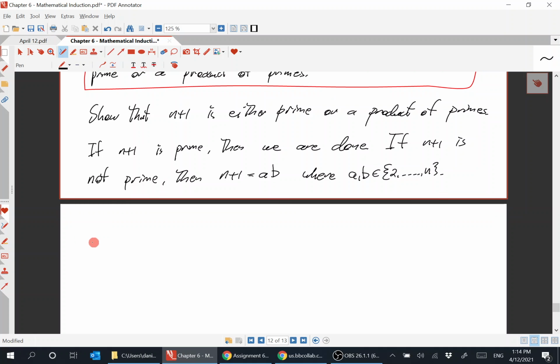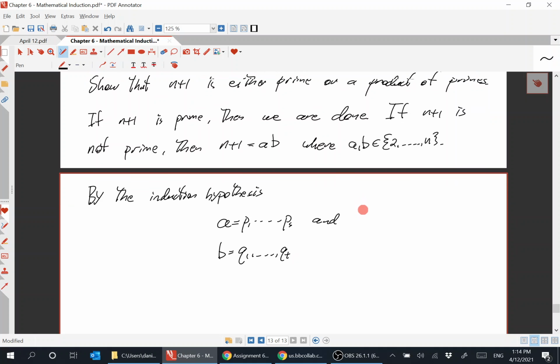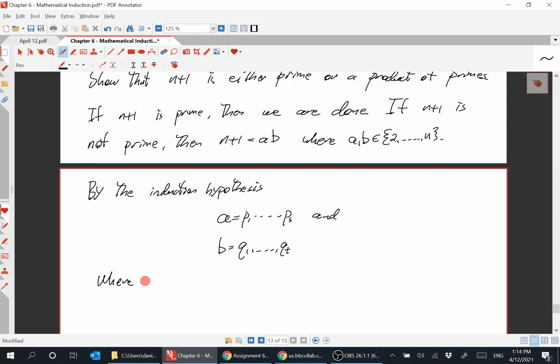So by the induction hypothesis, A is equal to P1 to Ps, and B is equal to Q1 to Qt, where each Pi and Qj is prime.